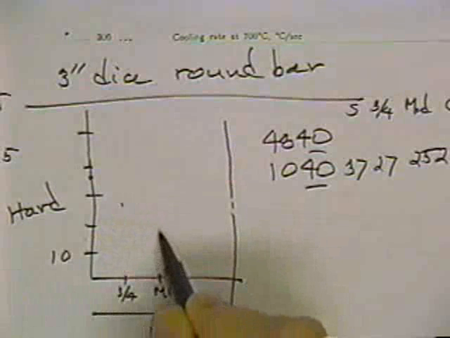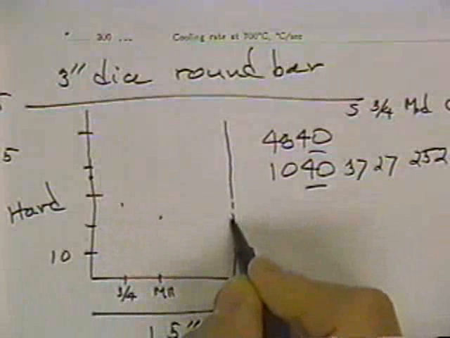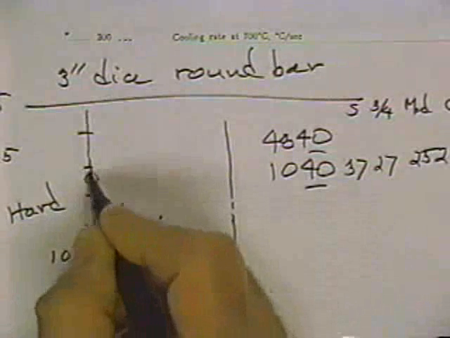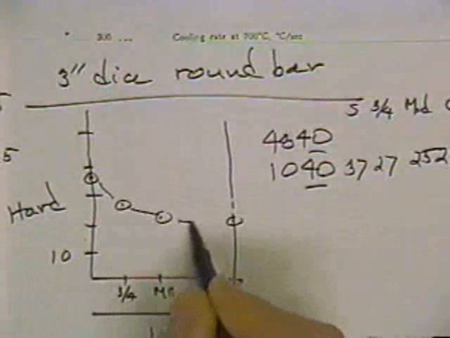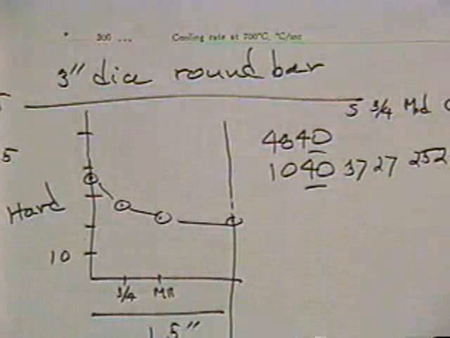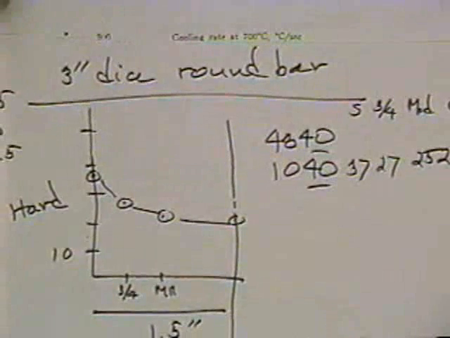So it's dropped down. At the mid-radius, it's 25. And at the center, it's 24. So if we use little circles for the 1040, the hardness profile across that 3-inch bar would be given in that way. Now we're making a prediction, and it turns out the prediction will be pretty darn good.